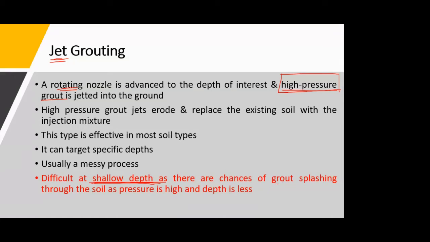So it will create a splash of your grout, just a fountain kind of thing, a grout fountain emerging from the ground itself.